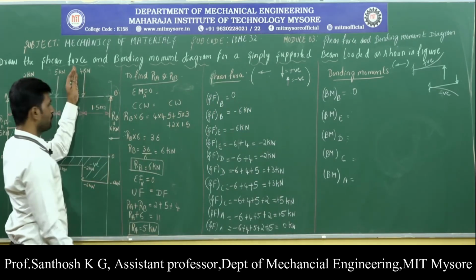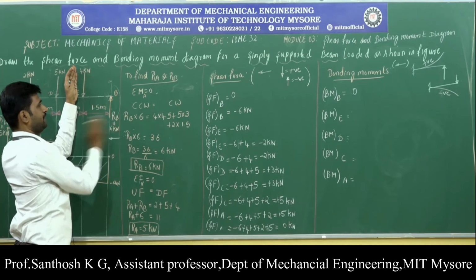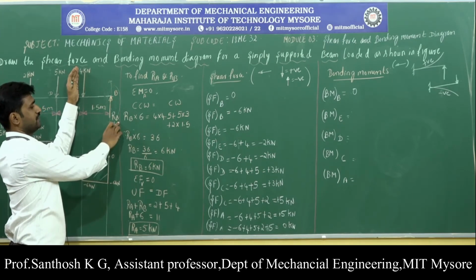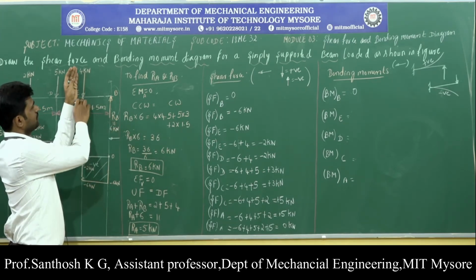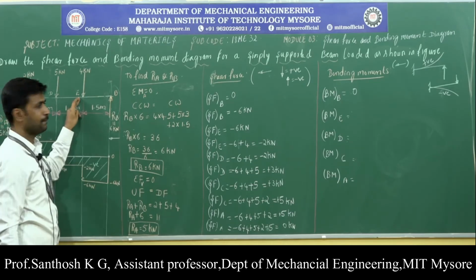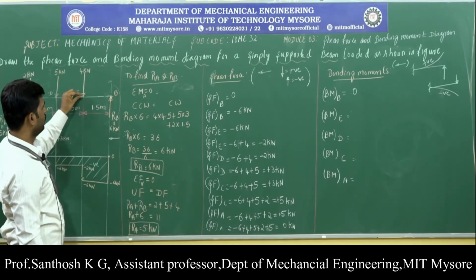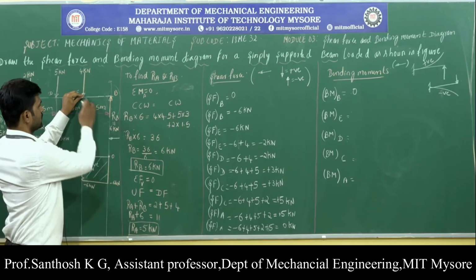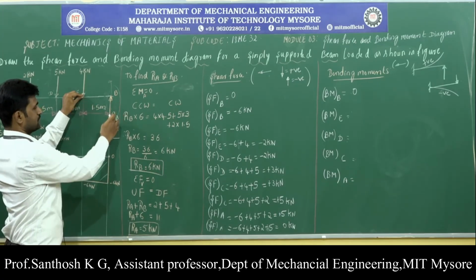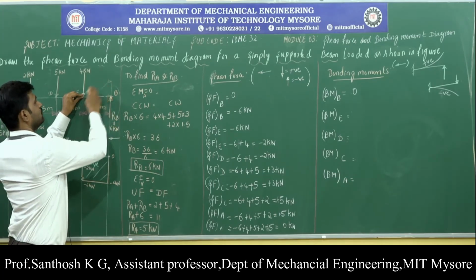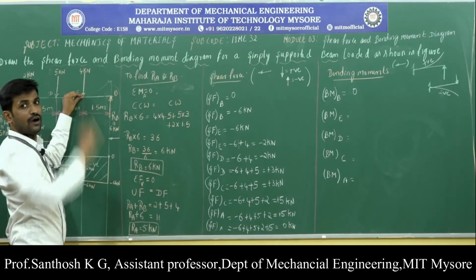Now, if you come to point E and move from right to left, we can see that there is one force RB which is going to create the bending moment at point E. If I hold the beam at point E, with respect to point B, this force RB is trying to rotate the beam in the upward direction.